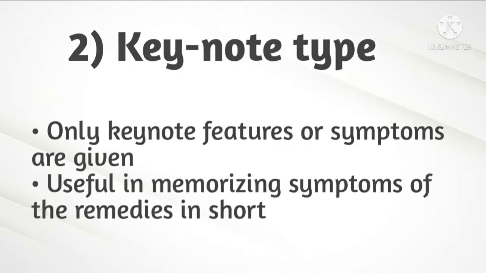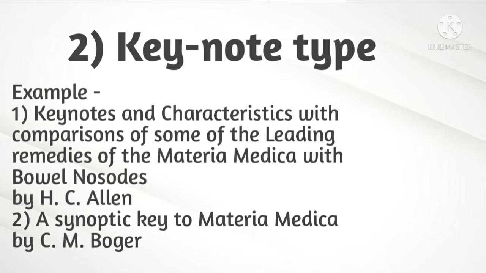Second is keynote type. The keynote symptoms are mostly the peculiar or characteristic features of the remedy. So this type of study includes the remedy explanation with keynote symptoms or the key features of those remedies. This is useful in memorizing symptoms of the remedies in short.